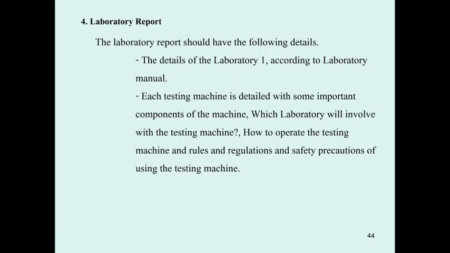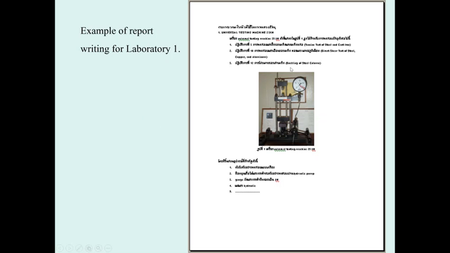For the laboratory report, you have to use Microsoft Word to produce it in accordance with chapter 1. You have to put each testing machine picture into the report and write the details as in the following example.